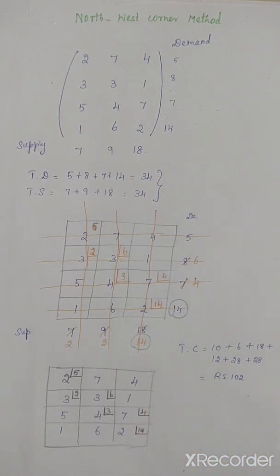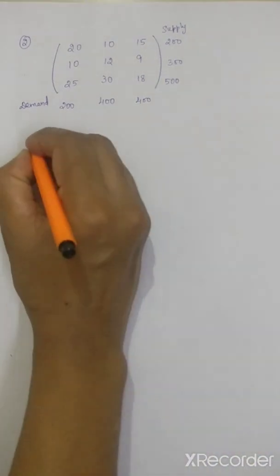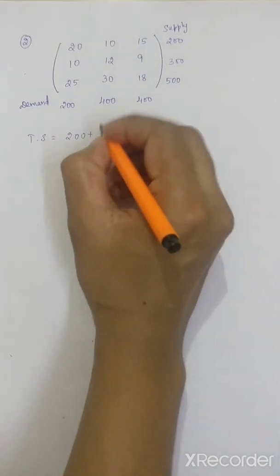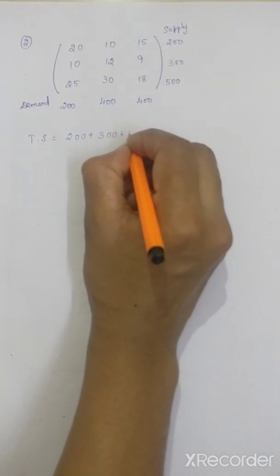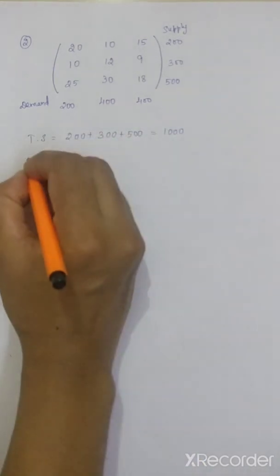So next we have to move on to the second problem. The second problem is a 3 by 3 matrix. For this also, first you have to check whether the total supply is equal to the total demand or not. Total supply is 200 plus 300 plus 500, that is equal to 1000.